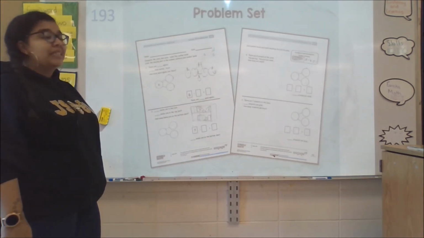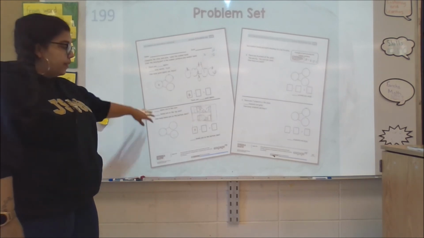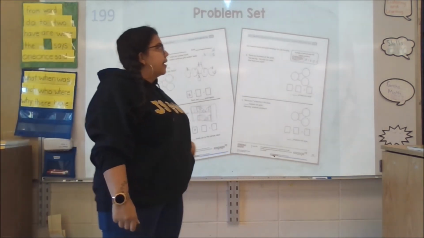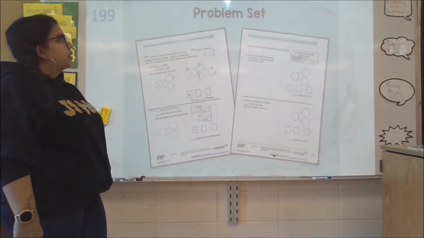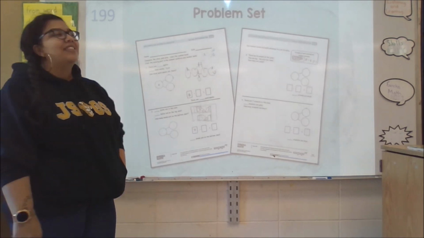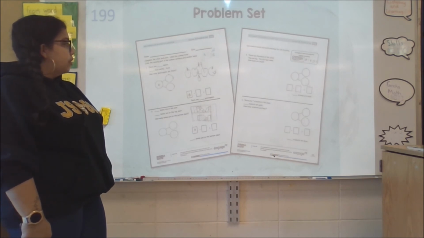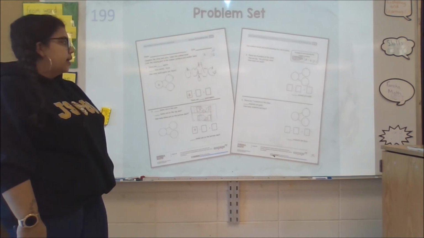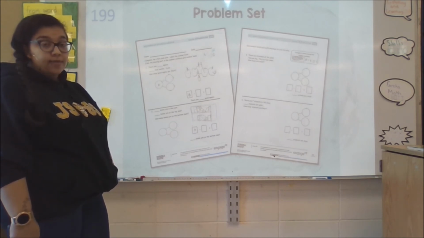And then on page 199, front side, and 200, back side, is the problem set for lesson 29. Sorry, I forgot how to count for a second there. Lesson 29. And it's very similar. Notice some of the pictures are even quite similar. It's 4 more word problems, making a total of 8 word problems for you to do.